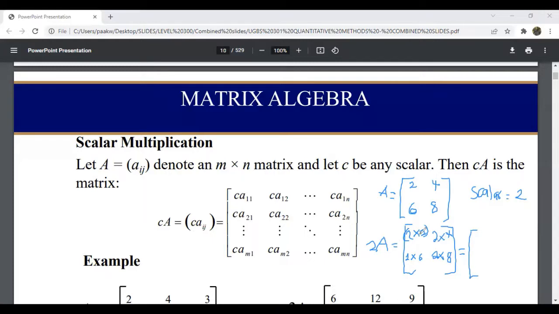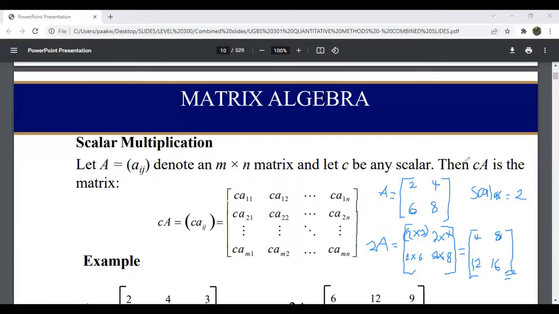So you multiply this, you get 4. You multiply this, you get 8. You multiply this, you get 12. Then the last element, you get 16. Okay, so this should be your answer. You can do it straight away: 2 by 2 is 4, 2 by 4 is 8, 2 by 6 is 12, 2 by 8 is 16.